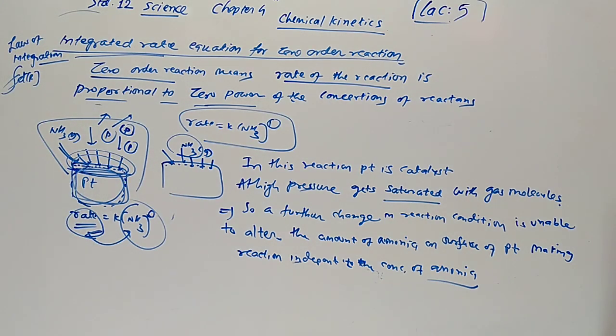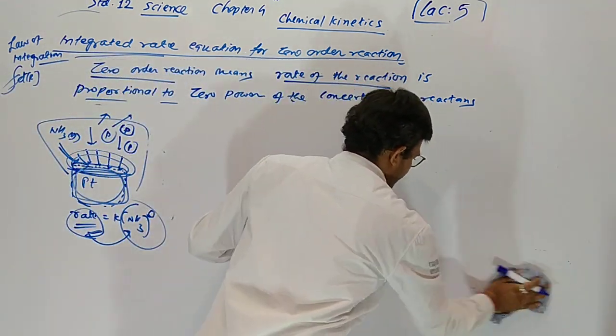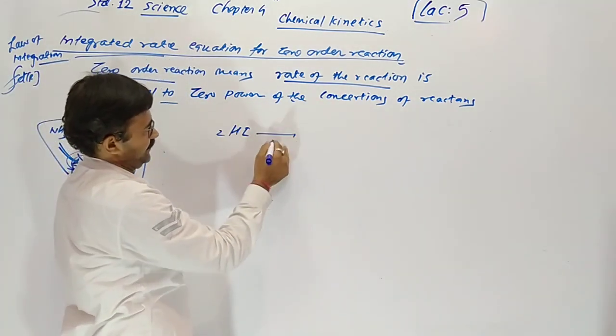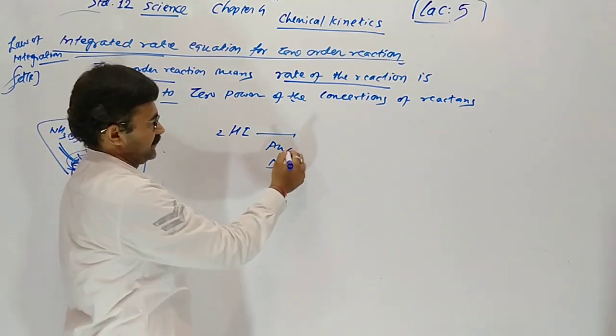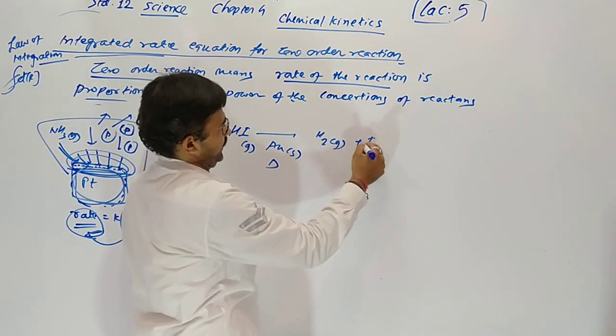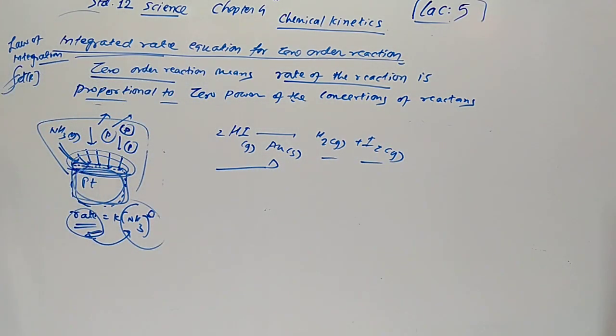Understood? Now another example, thermal decomposition at high temperature. Thermal decomposition of hydroiodic acid on the surface of gold gives H2 and I2. It is a zero order reaction.